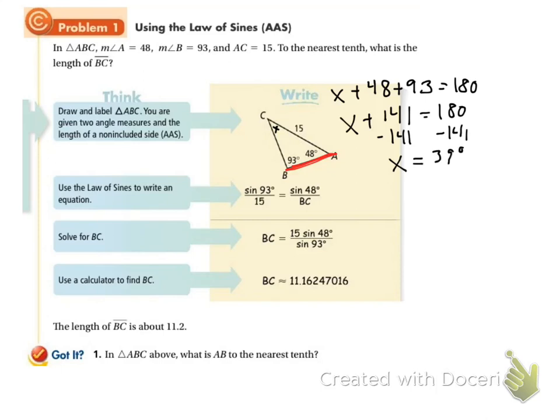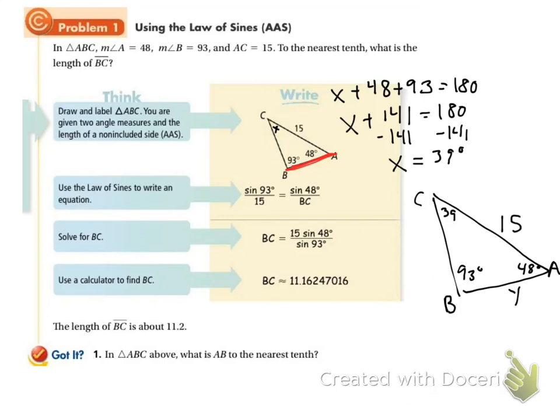Let's just draw an updated triangle. This one, 39 degrees, that's C. A is over here, B is over here. We're looking for this side right here, so I'll stick a y there. I've got 93 degrees here, 48 degrees here, and 15 here.